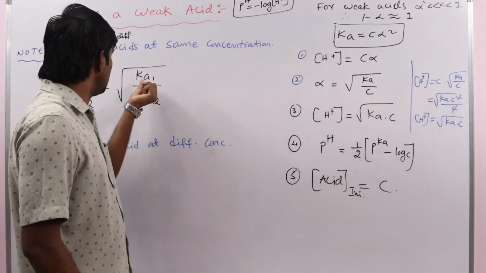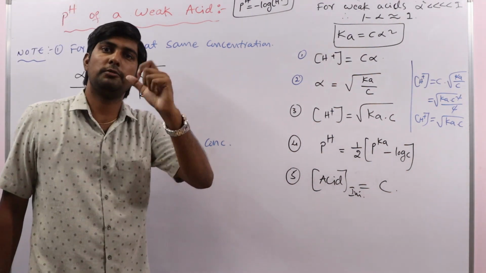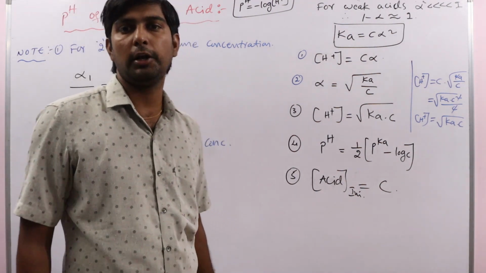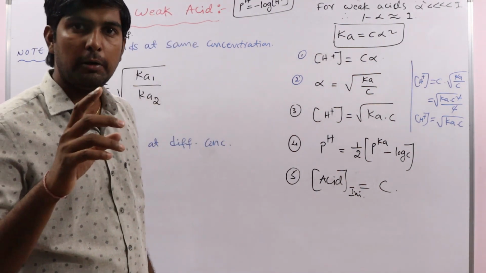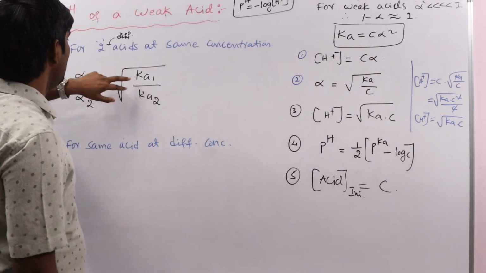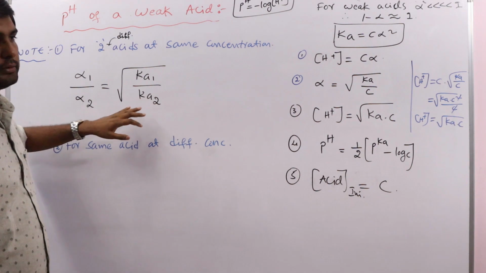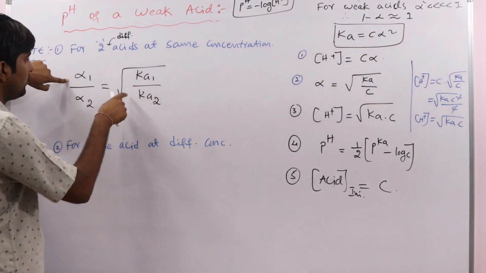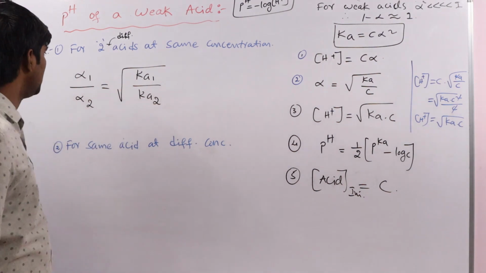Remember that this dissociation constant is a specific value for a particular acid at a particular temperature. At same temperature, two different acids have two different acid dissociation constants. So overall we get alpha 1 by alpha 2 equal to square root of Ka1 by Ka2.